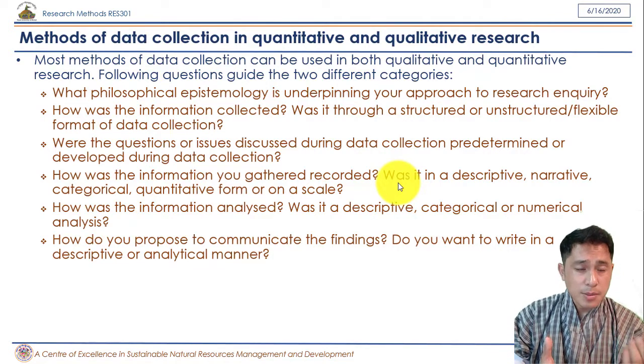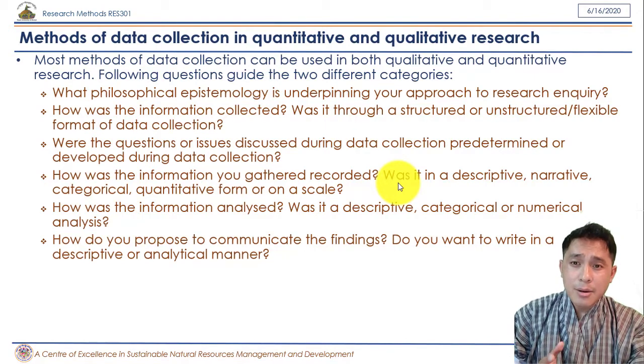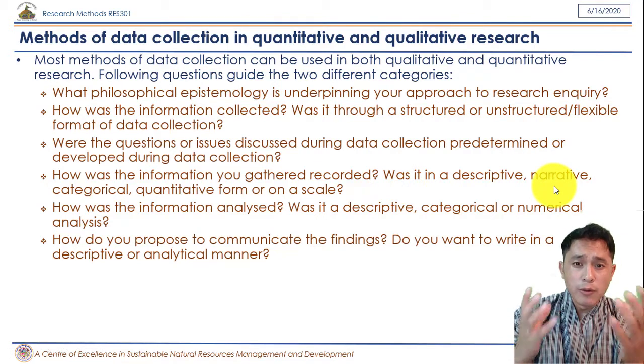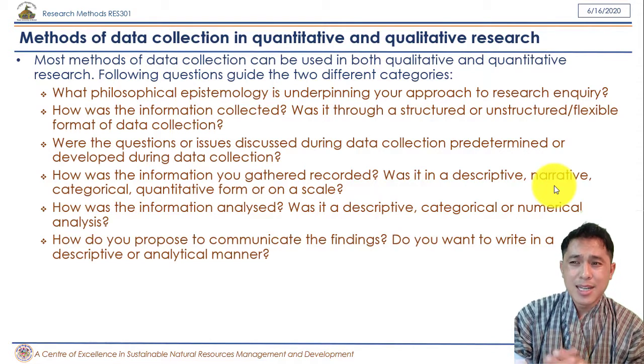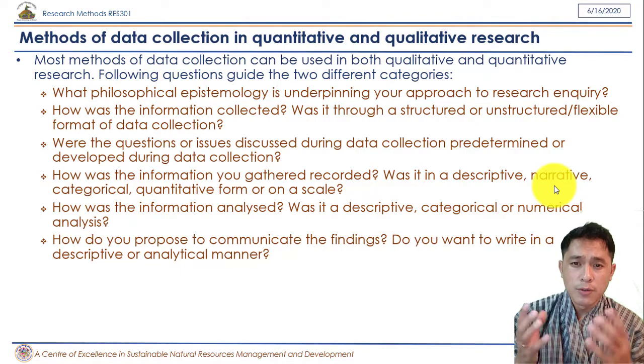For example, you just observe something and you write it in a descriptive or narrative manner, then that's the scope of qualitative, because you do not have any categories or scales or any numerical values that you can quantify. Just writing or describing or narrating something. So that's the scope of qualitative.